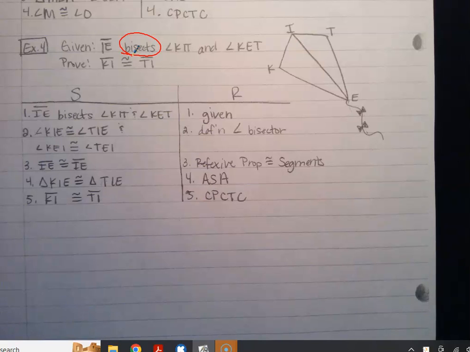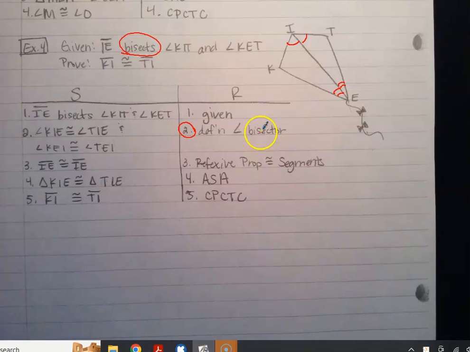If we know that IE bisects KIT and KET, it means this angle is congruent to this angle, and this angle is congruent to this angle. Okay, that's huge. So that's how we wrote down what we had for the given, but that's where we made this leap for step 2.